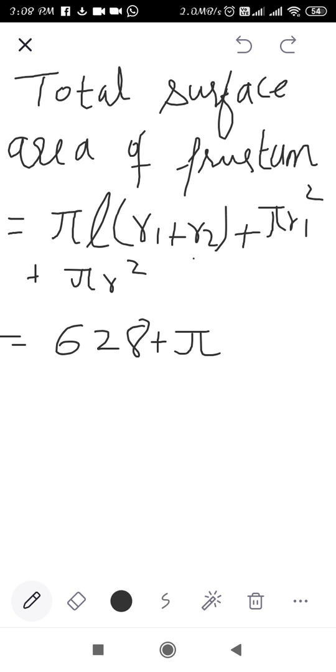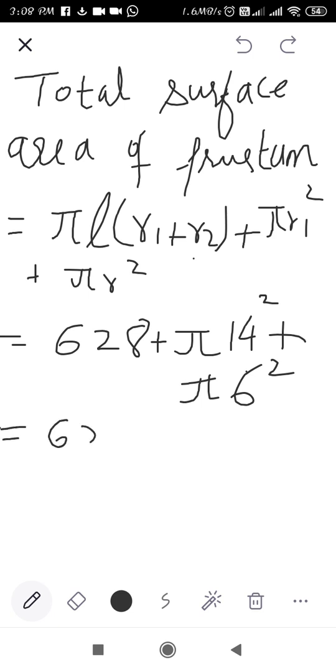So R1 is what? 14. So we'll write here 14 square plus pi. R2 is what? 6. So here we'll write pi into 6 square. Now 628 plus, you can easily take out pi common, right? So here it will be 14 square plus 6 square.